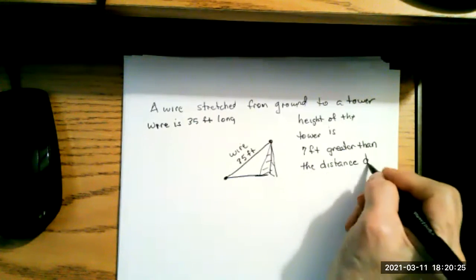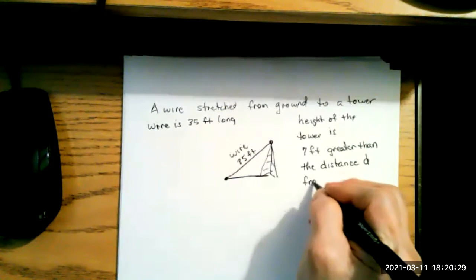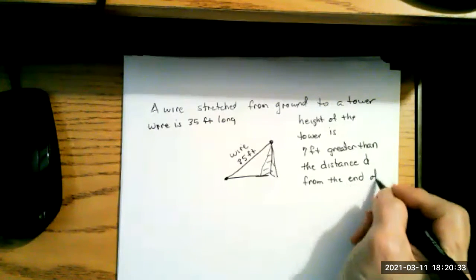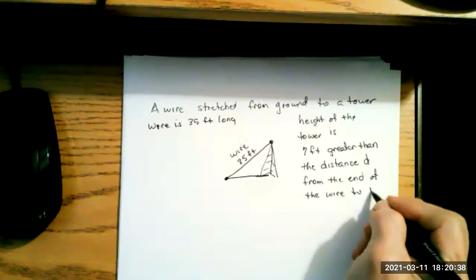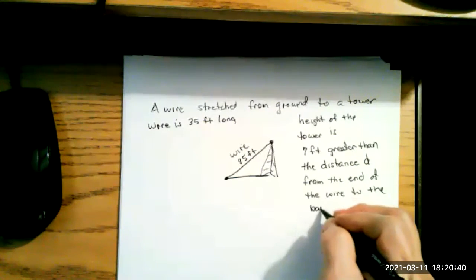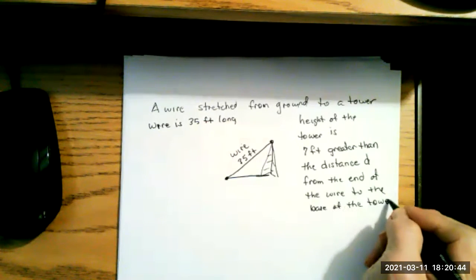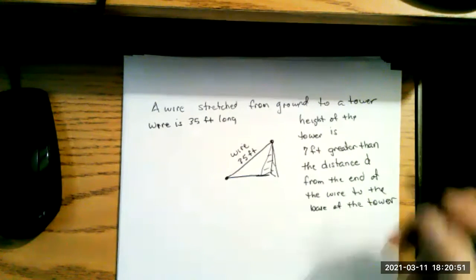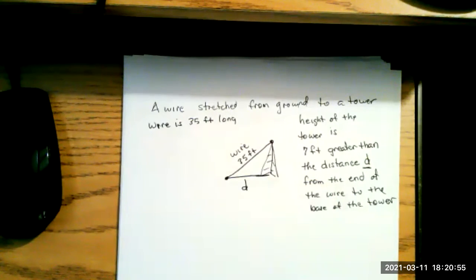Plus 7. Greater than the distance D from the end of the wire to the base of the tower. They want you to use a variable D. So this is our D down here.